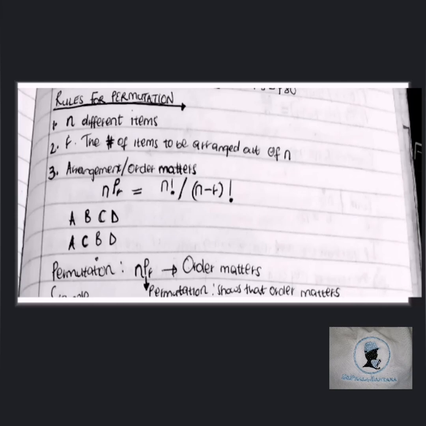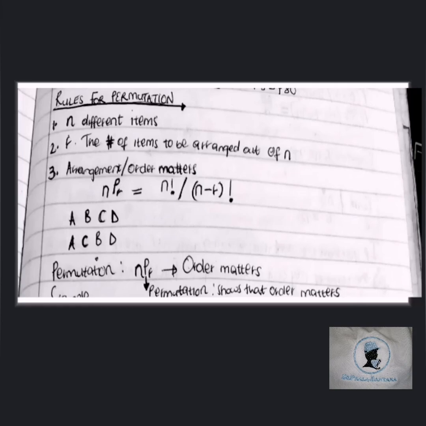As an engineering student, by now you know that hashtag represents number in our field. Arrangement or order matters in permutation. So n permute R equals n factorial divided by (n minus R) factorial.